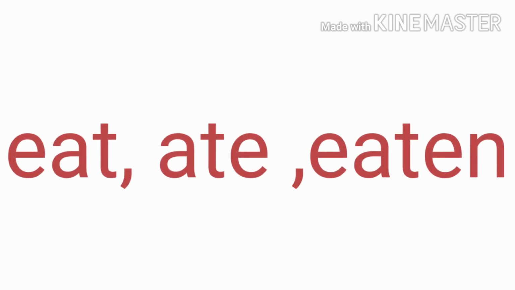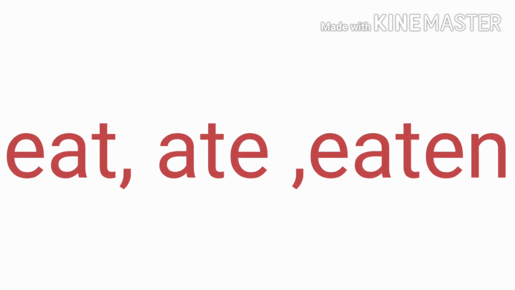The second form and third form of the verb is not created by adding ed, so it's an irregular verb. Example, eat. Second form, ate. So you can't add ed over there. So you have to change it.